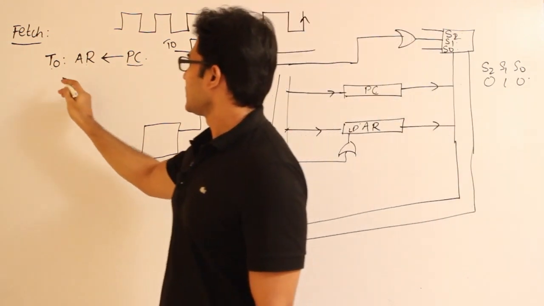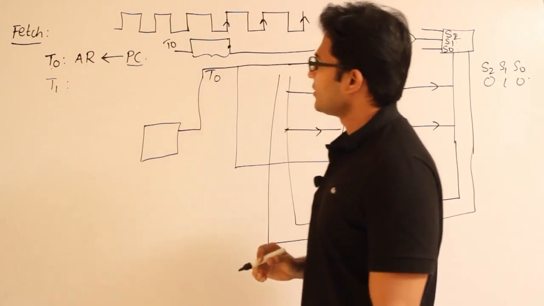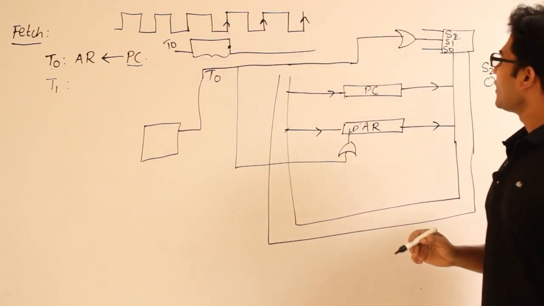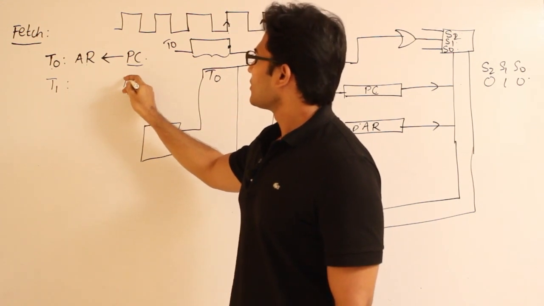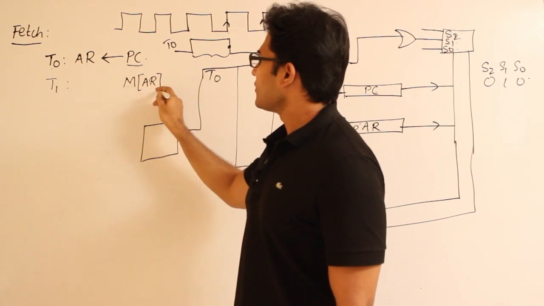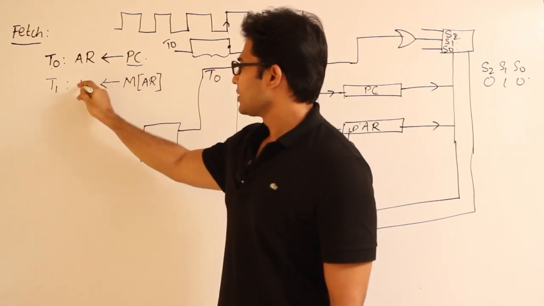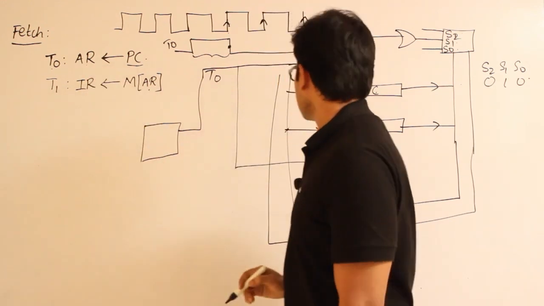Now after this, at t1, let us assume that this is over, right? At t1 what should we do? We have to take the address from AR, give it to the memory, and read the instruction present at this address in memory into the instruction register.